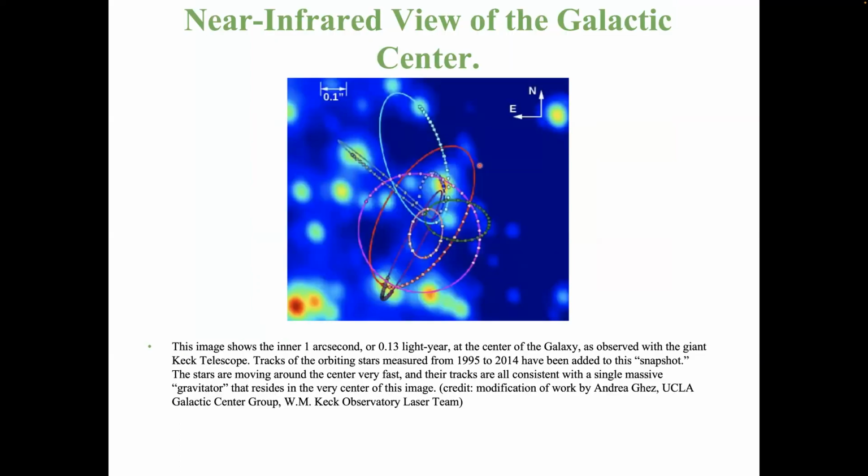I'm going to skip this. This image shows you the near-infrared view of the galactic center. All these circles that you see are simulated or tracked orbits of stars very close to the central region, right? You can see that when these stars come close to the galactic center, they move very fast, so the speed increases enormously.